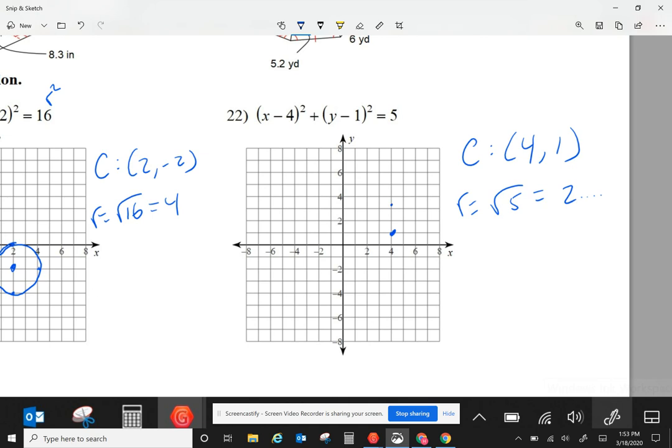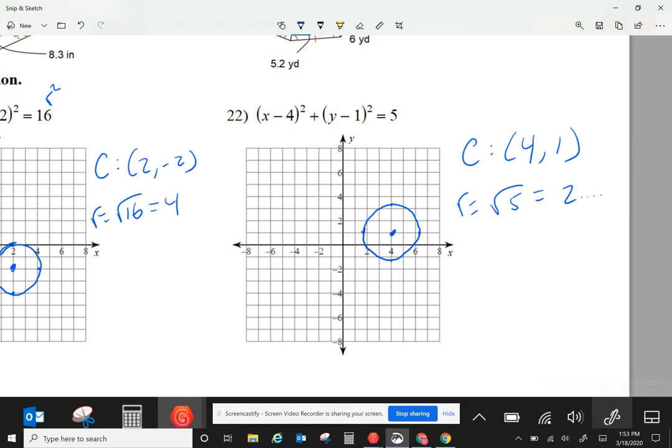So I'm going to go each direction, up, down, to the right, to the left. On each of them, I went a little more than 2. And that was for circles.